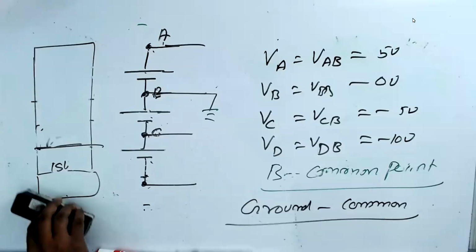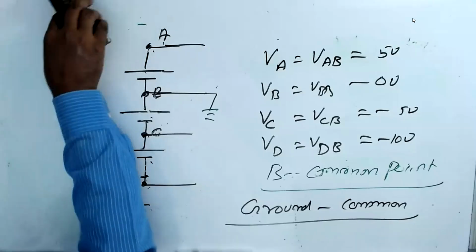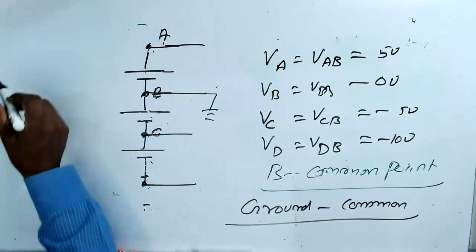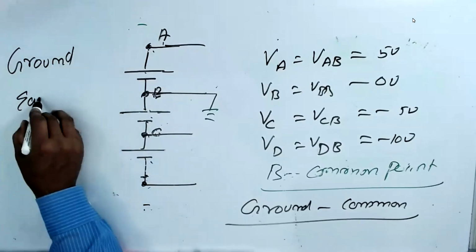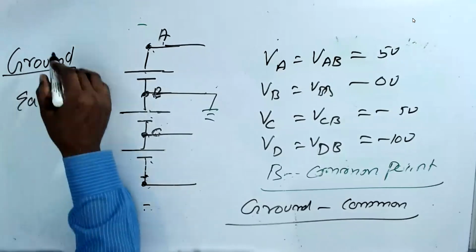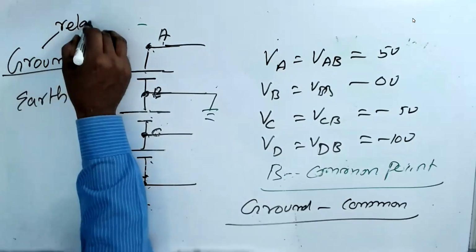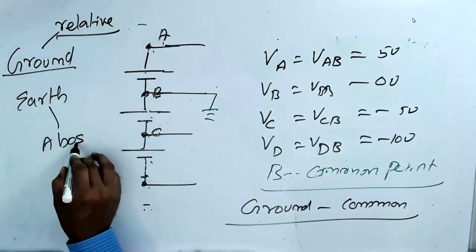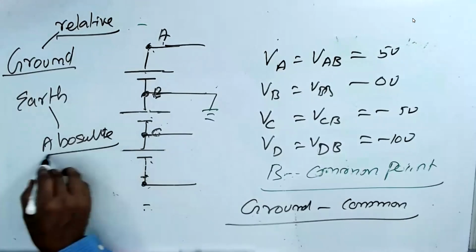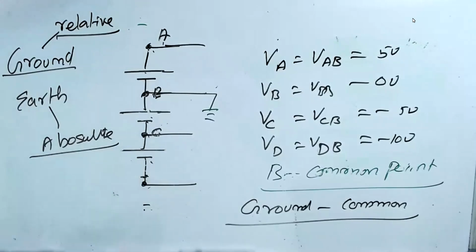So the ground is a, please understand, there are 2 different terminologies. One is called ground. One is called earth. The ground is relative. The earth is absolute. Understand the difference between absolute and relative.